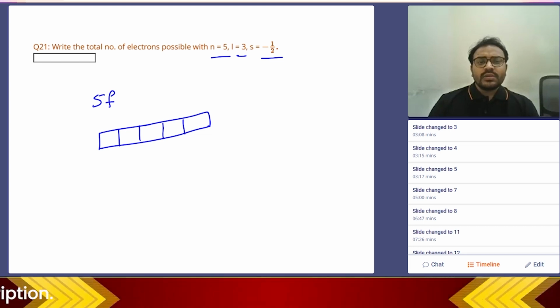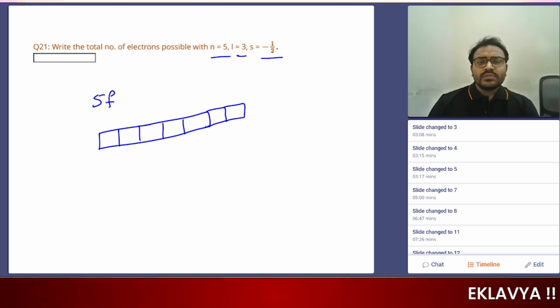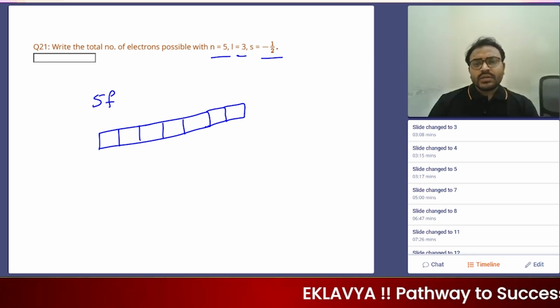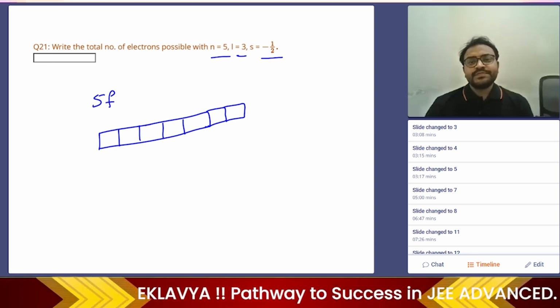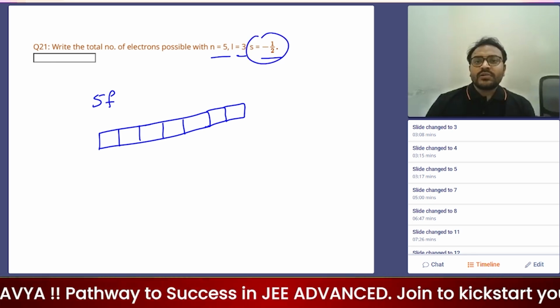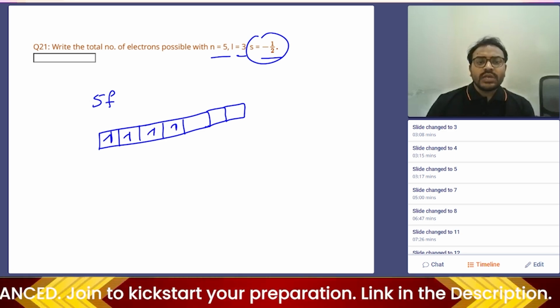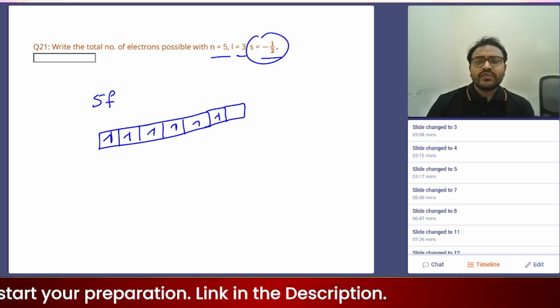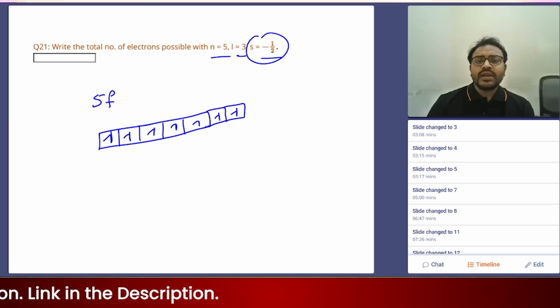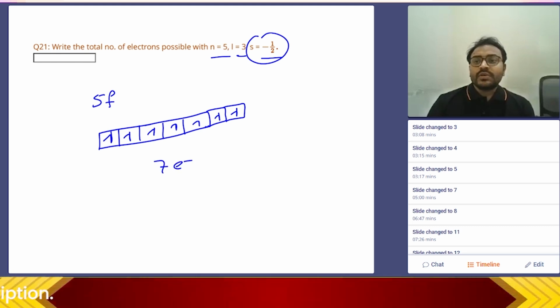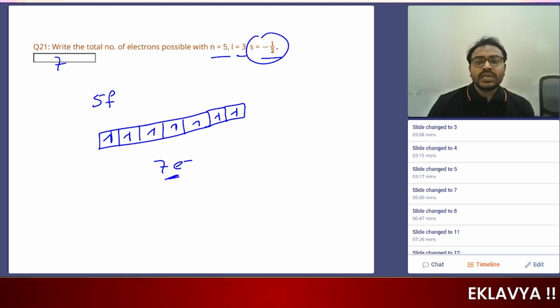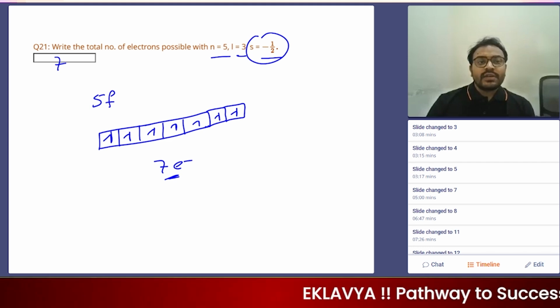So 1, 2, 3, 4, 5, 6, 7, and we have to take electrons with minus half spin. It means in all the f orbitals one electron will come with the minus half spin. So total number of electrons possible here is 7 electrons. So 7 is the correct answer.